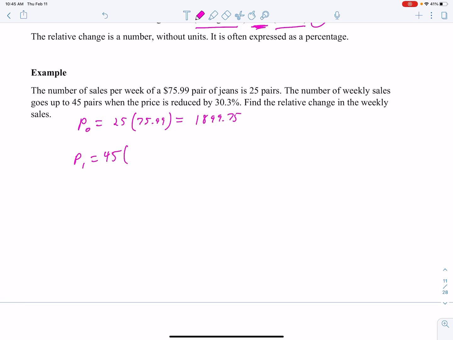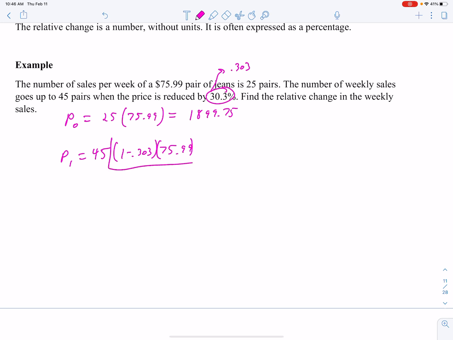If we reduce it by 30.3%, remember when we use percentages in calculations, we change them to decimals. So this will be 0.303, right? So what we're going to get here is 1 minus 0.303 times the 75.99.